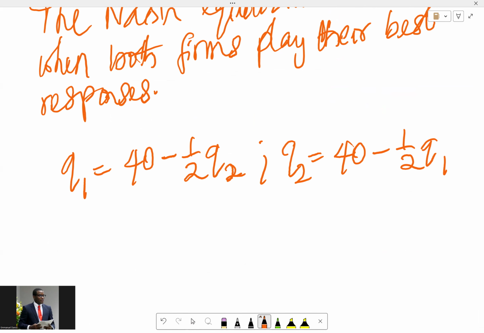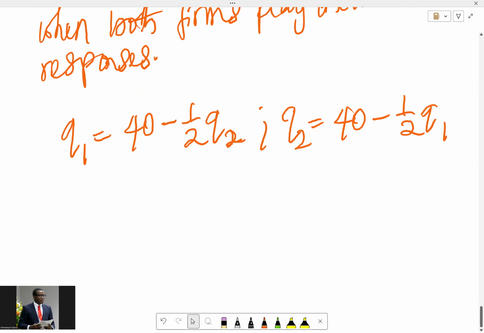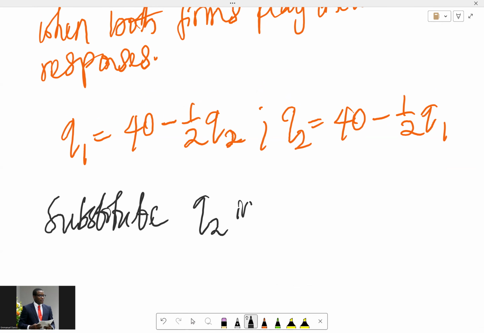So with these two, we can equate the two. Actually, I think equating the two will not do the best job, but we can substitute one into the other. Since we're looking for equilibrium, we substitute q2 into q1's best response.